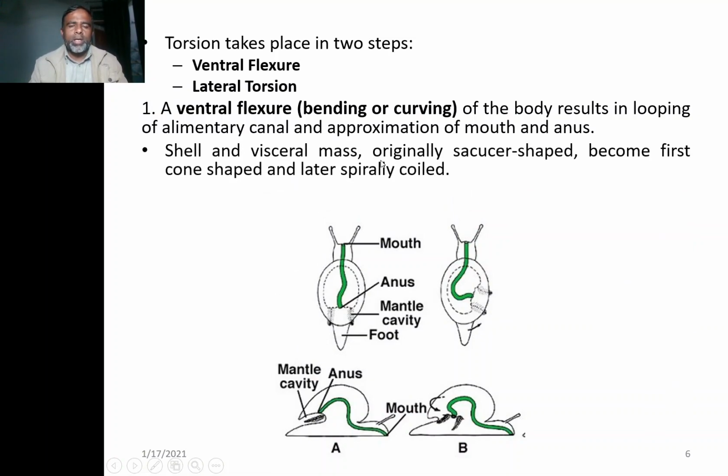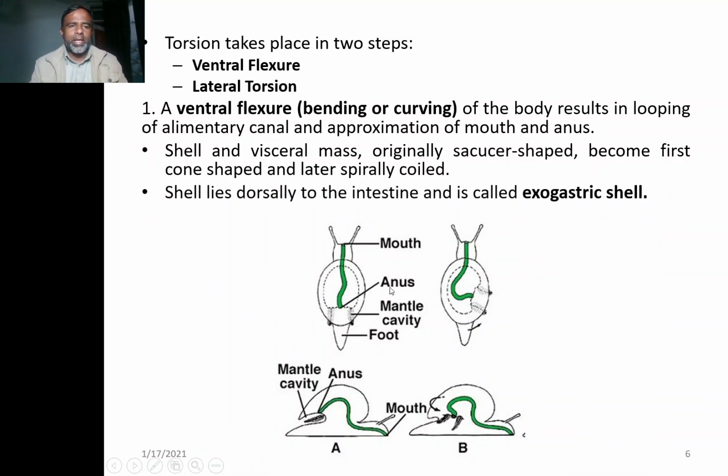Shell and visceral mass, originally saucer shaped, like a small dish, become first cone shaped because of this bending, and later spirally coiled. After it is completed, you can see a coil will be formed like this. We shall see it in the next slide.